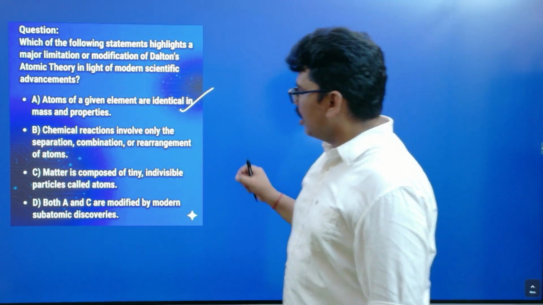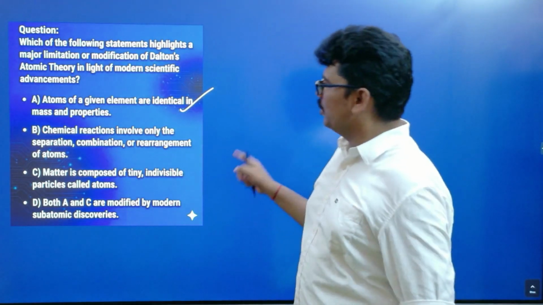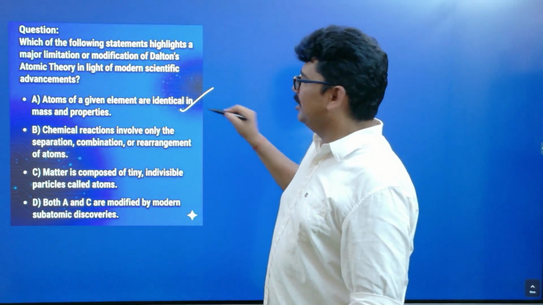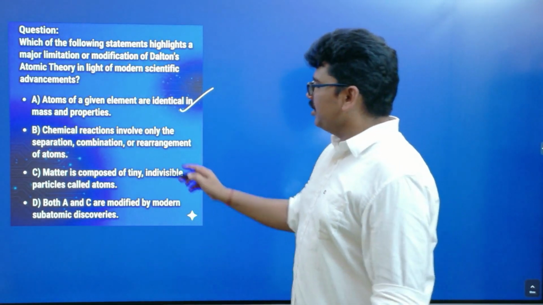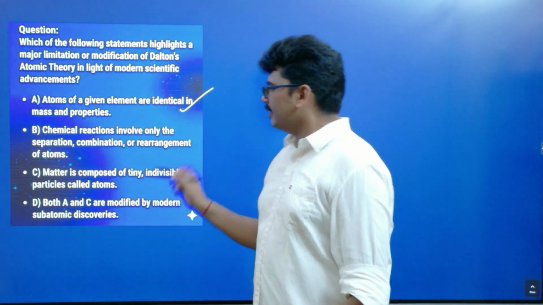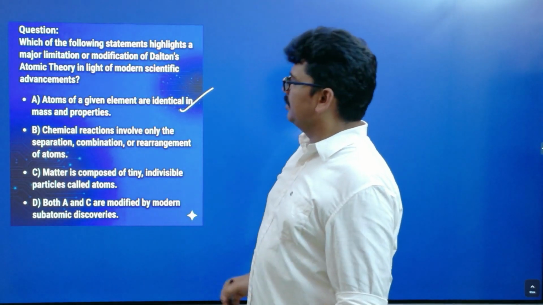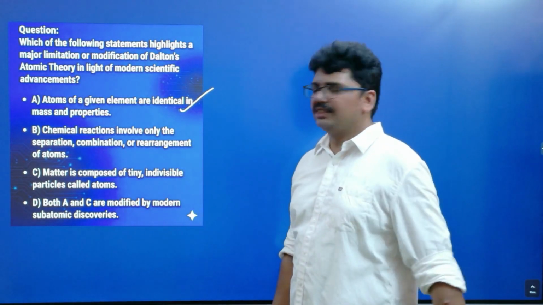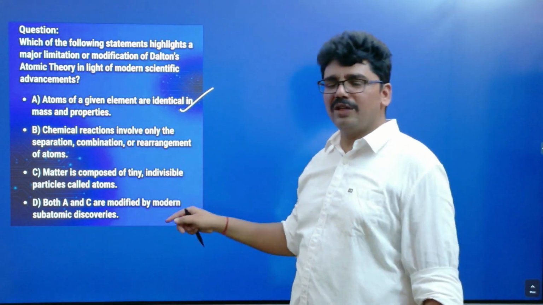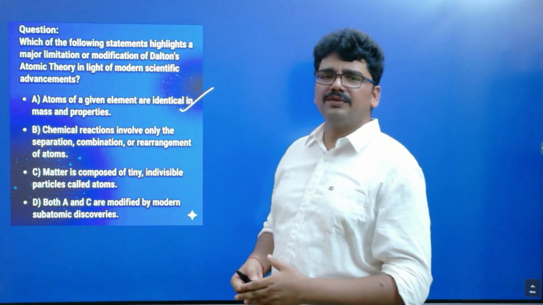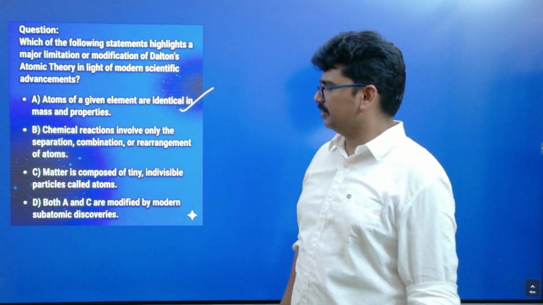This is a statement of Dalton's atomic theory, but it is a limitation. Second: chemical reactions involve only the separation, combination or rearrangement of atoms. This is a postulate of Dalton's atomic theory, but in this statement there is no limitation. But what is the failure of Dalton's theory? It could not explain why chemical reactions take place.